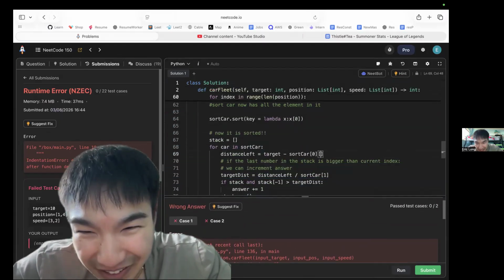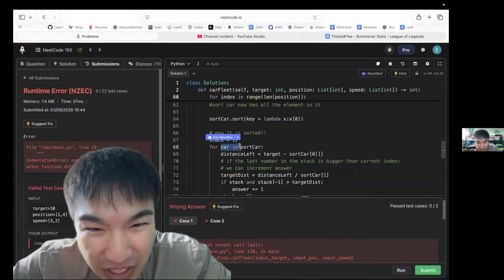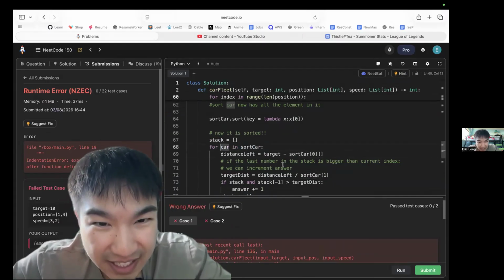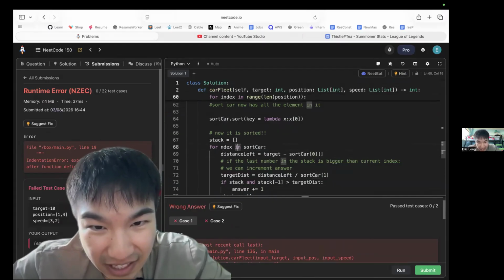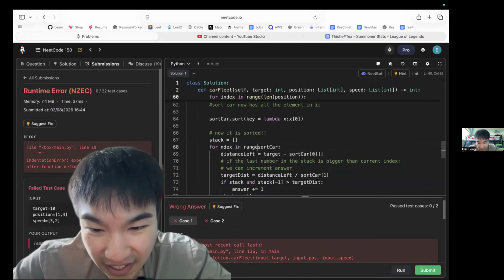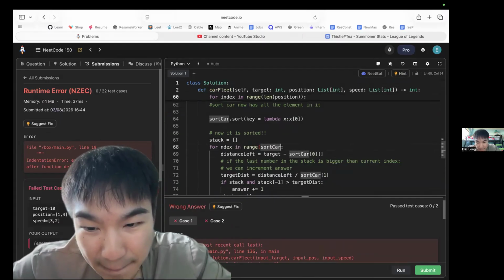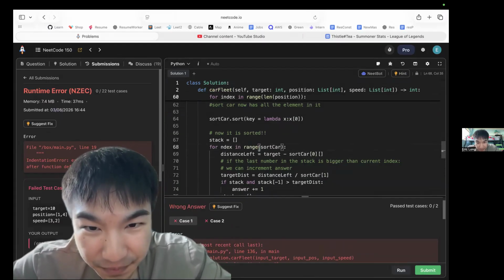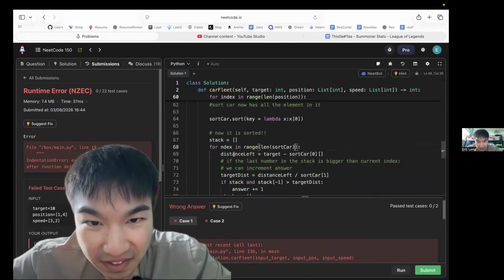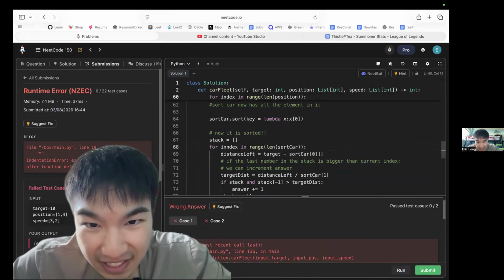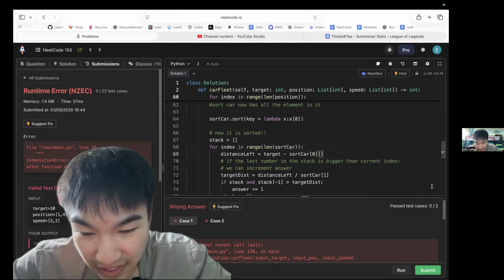So what we gotta do is switch car and do int. We're gonna say for index in range length of sorted car. Then we'll have the index, but then we'll do index right here.